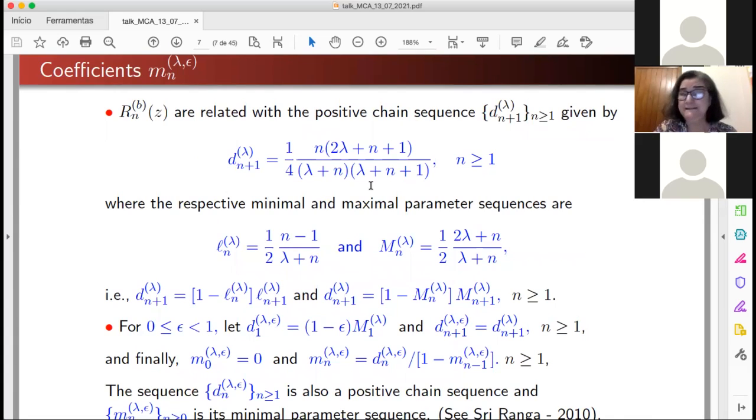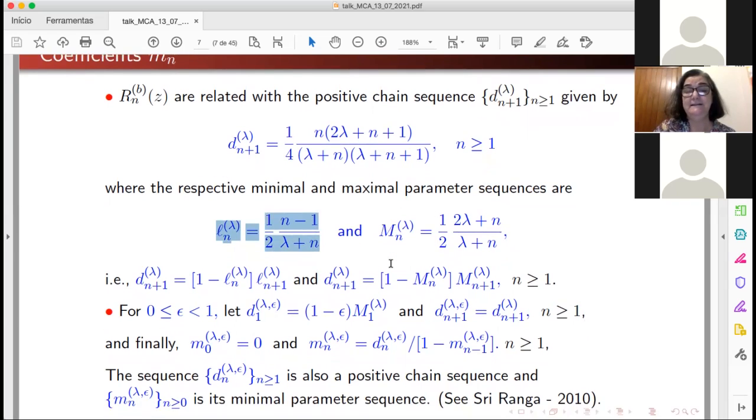It's well known, this is the positive chain sequence that appears, for example, in the Gegenbauer polynomials. And it's known the minimal and the maximal parameter sequence for this chain sequence. The minimal, we denote here by l n, it's given this way. The maximal is written in this way.